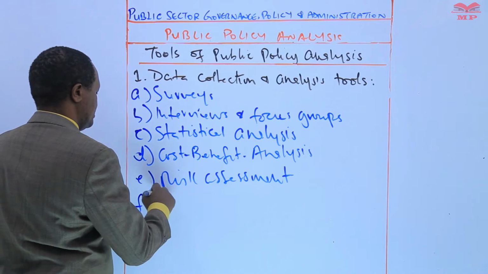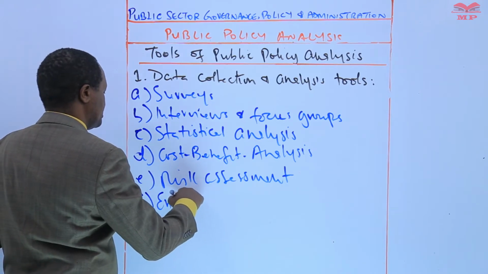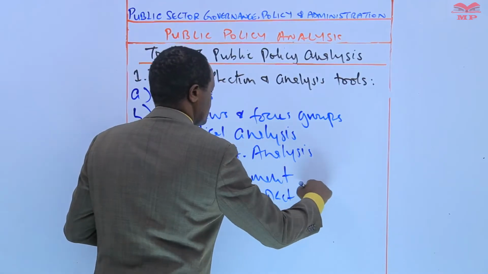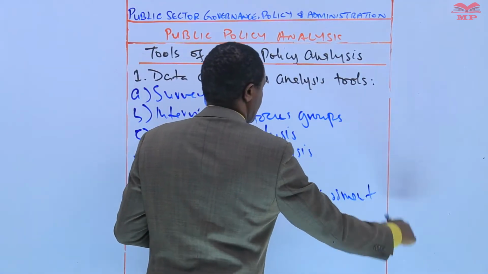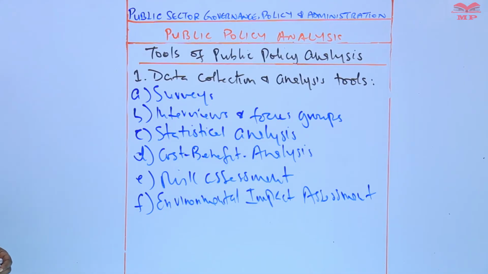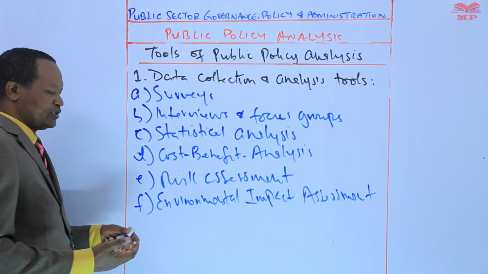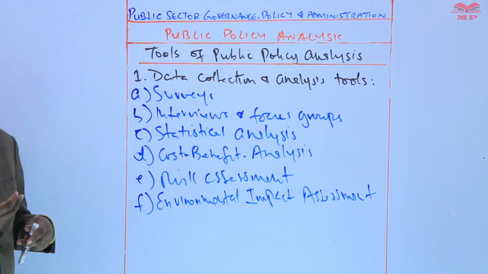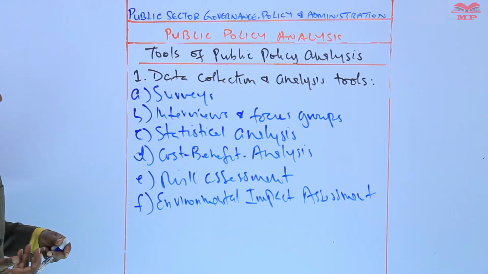6, environmental impact assessment. This involves assessing the potential environmental consequences of a project or a policy.